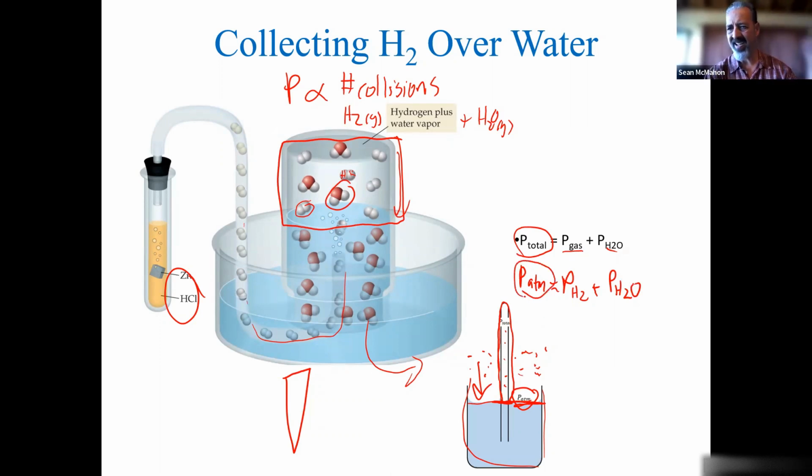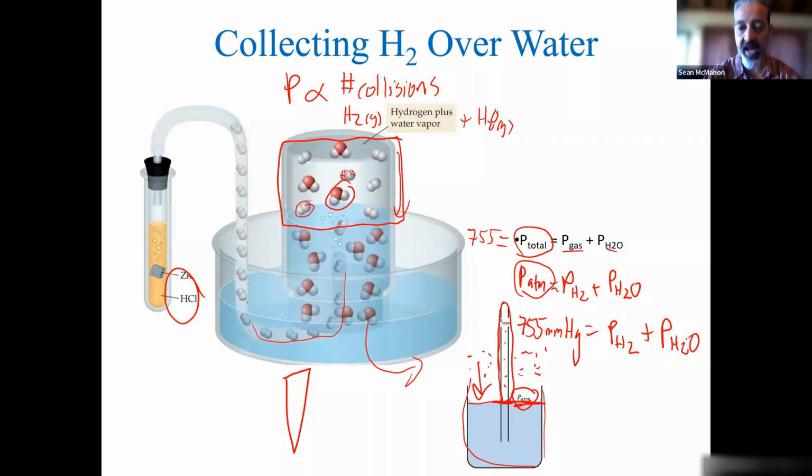Let's say I look at the barometer and it tells me it's 755 millimeters of mercury. Then I know that this total pressure is also 755 because the atmospheric pressure is the same as the total pressure inside here, because we have them at equal levels. So now to get the pressure of the hydrogen gas, I need just the pressure of the water vapor.